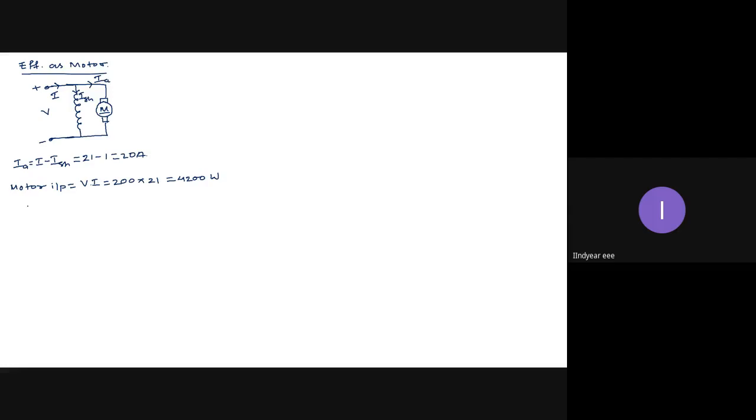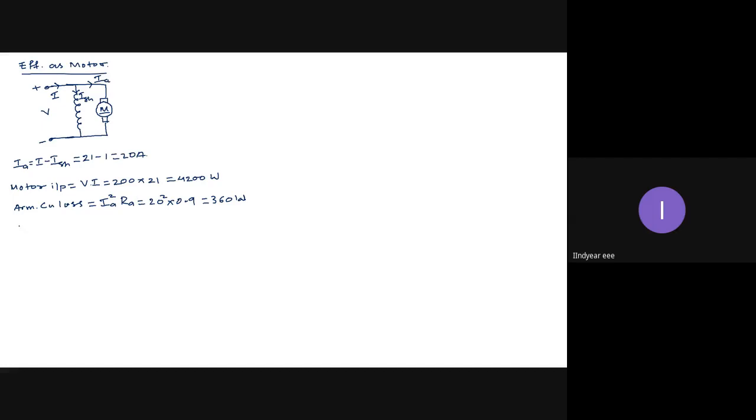Then armature copper losses are IA square RA. IA is 20, so 20 square into RA which is 0.9, so it is 360 watts.